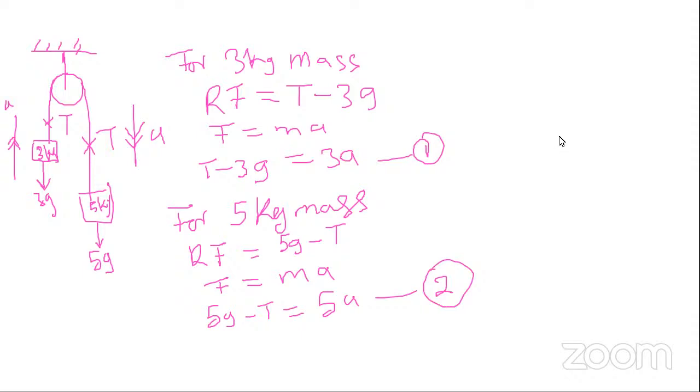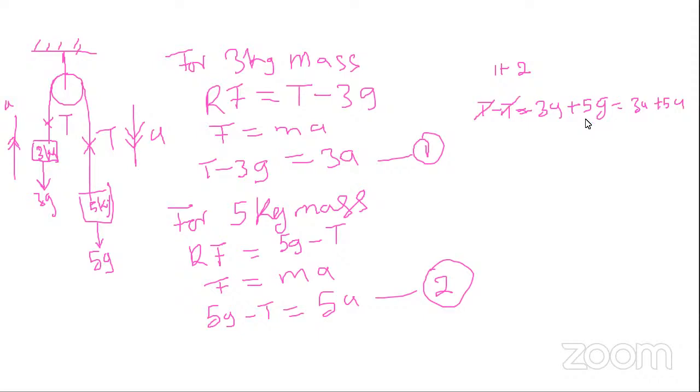So we are now going to add, since this T is positive and this T here is negative. Add equation 1 and 2. So we shall have T minus T is equal to minus 3g plus 5g is equal to 3a plus 5a.